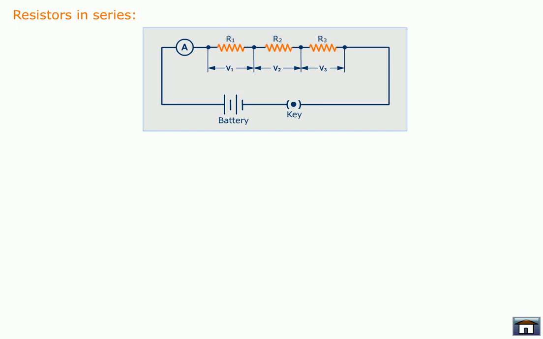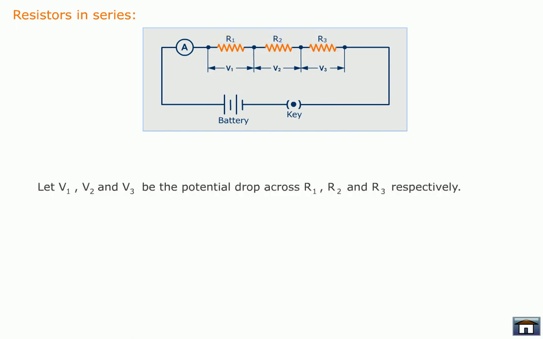Observe carefully. Here the potential difference is divided. In the previous circuit, the current is divided into I1, I2 and I3. But here the voltage is dividing into V1, V2 and V3. Moreover, the current I is the same throughout the circuit.